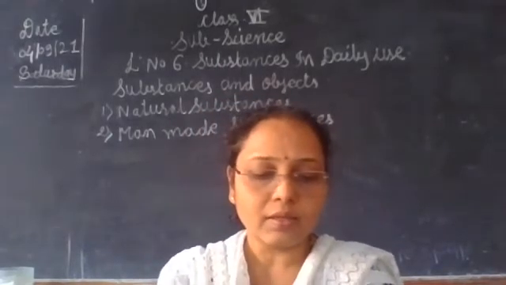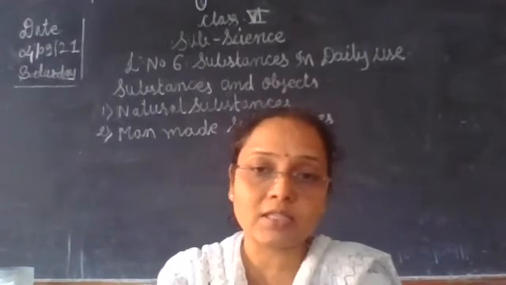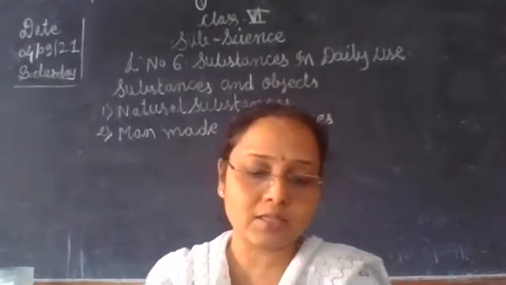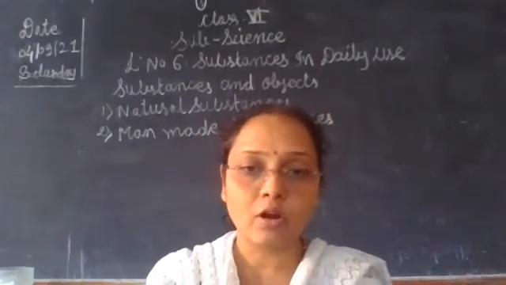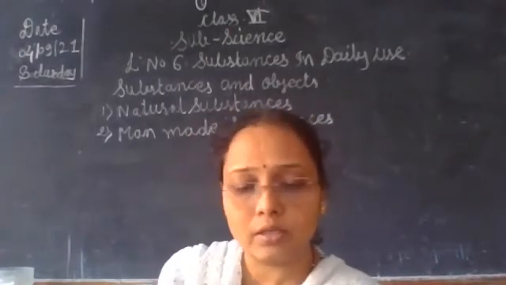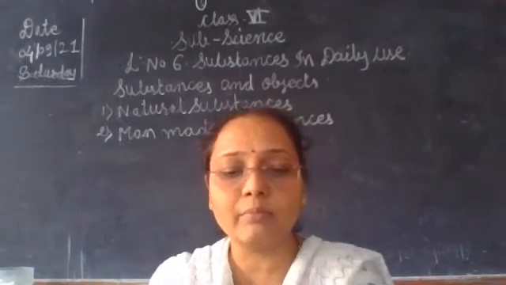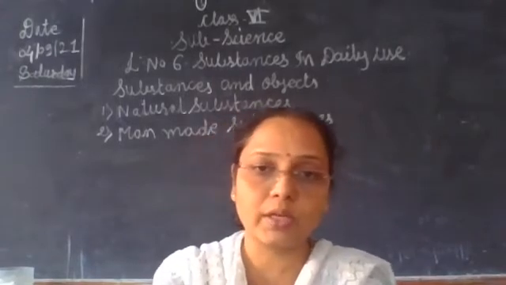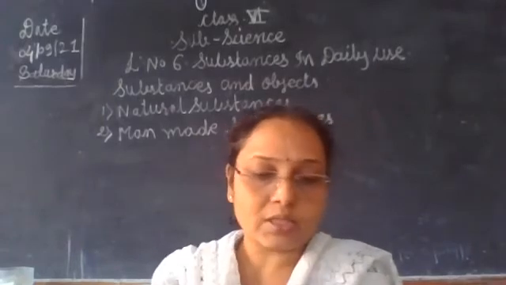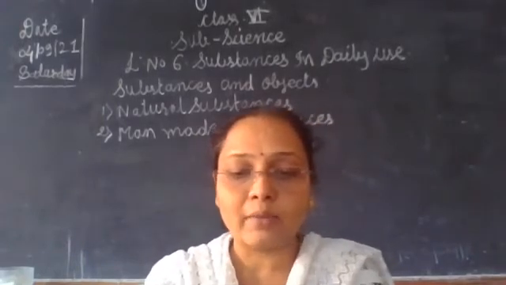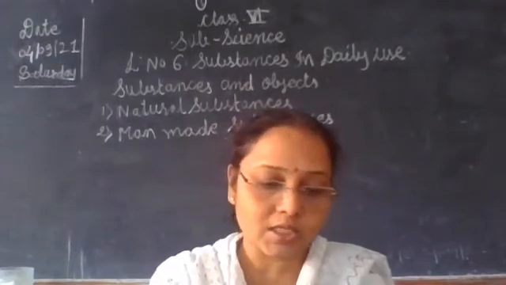Then threads and yarns: cotton, silk, and wool are naturally obtained. Nylon and rayon are man-made substances, the synthetic fibers. So this is about man-made and natural substances.